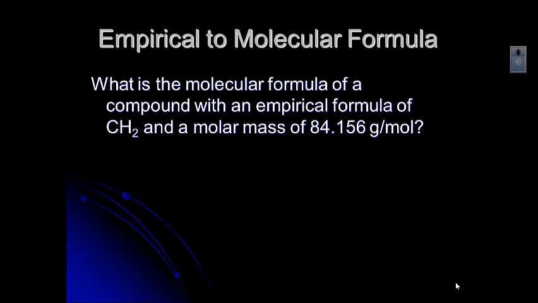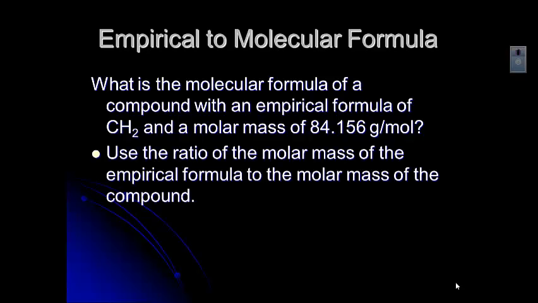Usually we are given the molar mass of the compound and the empirical formula in the problem. If you look at this problem, you can see that it gives us the empirical formula and it gives us the molar mass. And so what we want to do is use the ratio of the molar mass of the empirical formula to the molar mass of the compound to find that multiple.